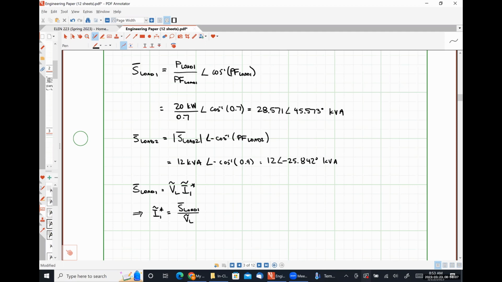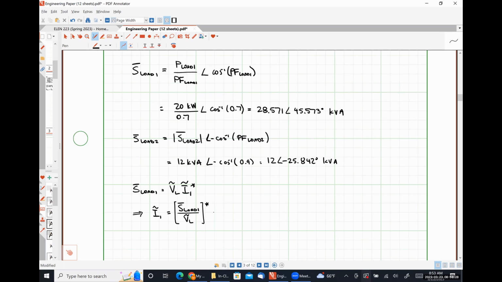And to get rid of the conjugate on this side, I'll just perform the conjugate on the other side, because the conjugate of the conjugate on the left-hand side is just changing the sign on the imaginary part twice.